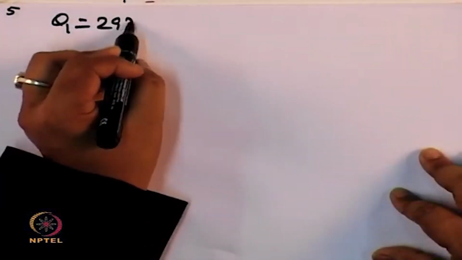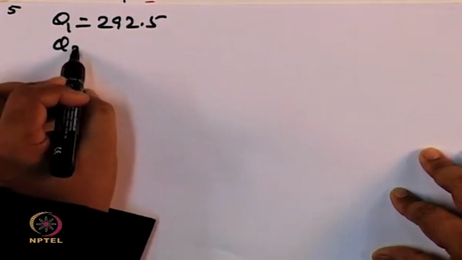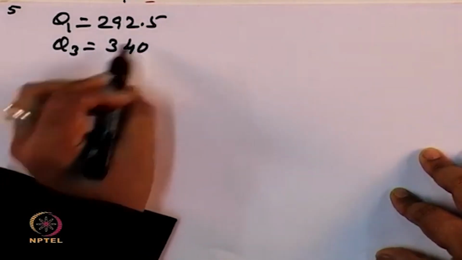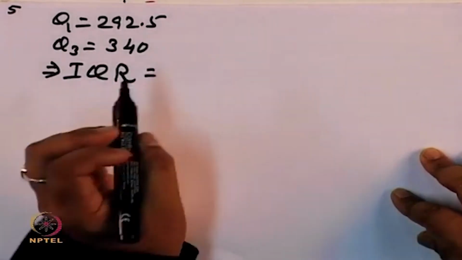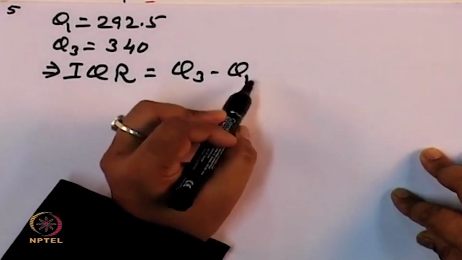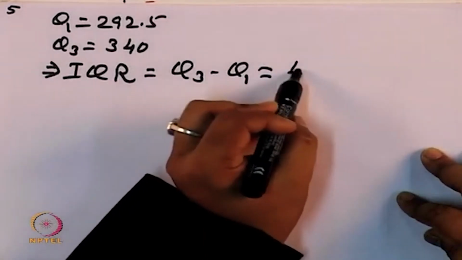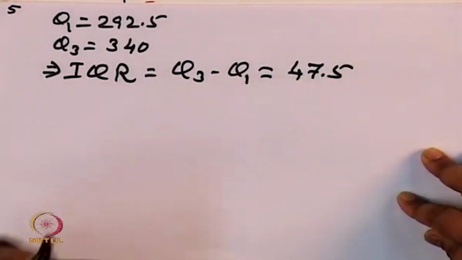So, now we need to see our median. For this particular distribution, I have Q1 as 292.5, Q3 is equal to 340. Which would mean that IQR is equal to Q3 minus Q1, which is 47.5.